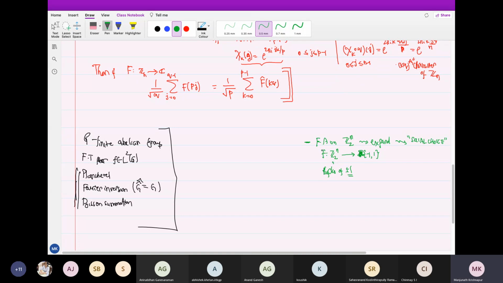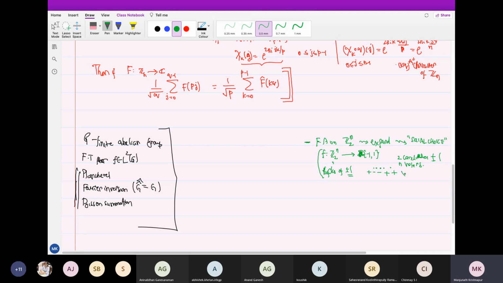One has a nice interpretation of such functions as follows. The coordinates of Z2 to the N we think of as voters. There are N voters and two candidates, +1 and -1. Each tuple indicates a voting pattern: this person votes for +1, this person votes for -1, -1, +1, +1.